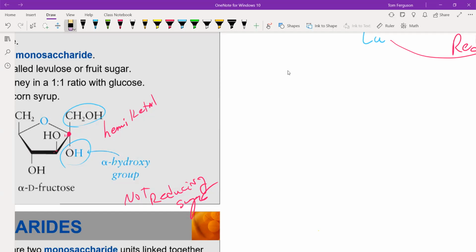All right, so we have OCO. And remember, this is carbon number 2 for fructose. That's the anomeric carbon.